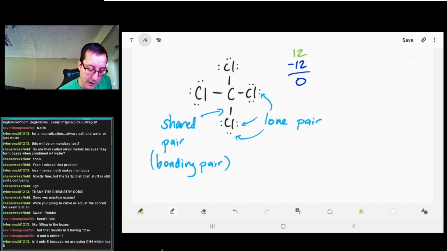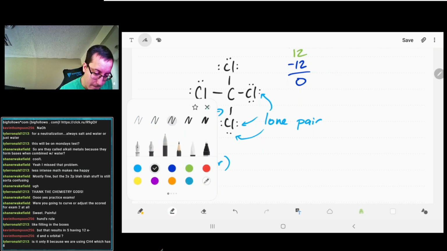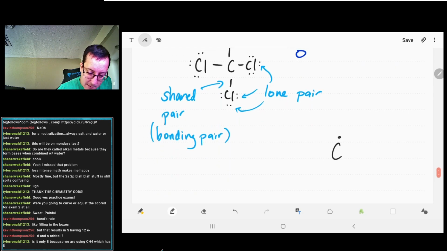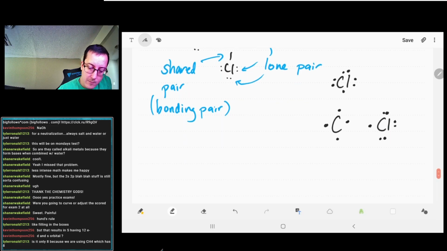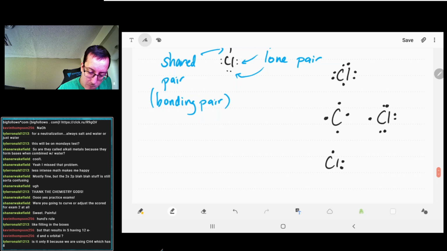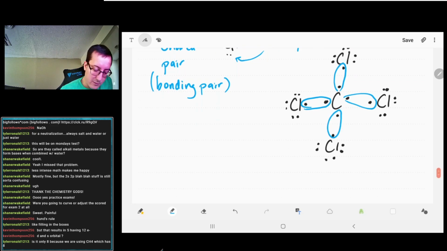If you were to do it the other way, by the way, if we draw our atoms with their valence electrons, we're going to get the same thing. I'm just kind of conveniently drawing my chlorine's valence electrons, but lo and behold, if we did this the other way, we just pair off our electrons that are not paired, and lo and behold, we're done.